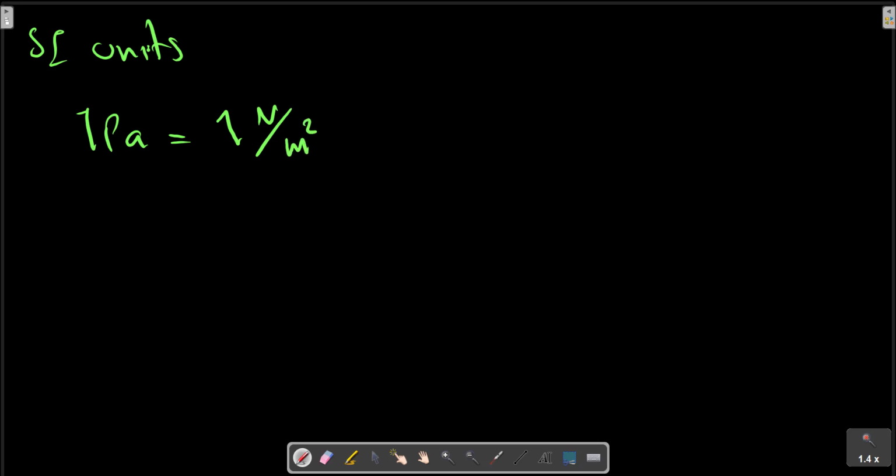The unit for pressure in the international system is the force of 1 Newton acting on a square meter area. In the SI unit, we have 1 Pascal for the unit of pressure, which is 1 Newton on 1 square meter.